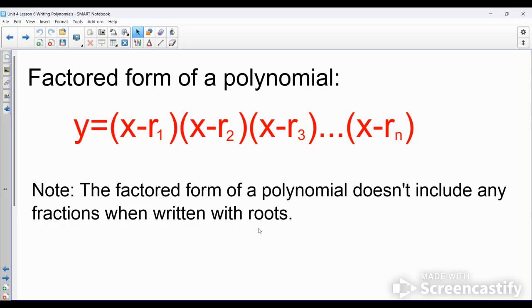Like you may end up with a quadratic that's not factorable, but generally speaking, this is how we would represent the factored form of a polynomial. Factored form of a polynomial does not include fractions when written with roots, so we do have to consider that, and we have specific instructions that will tell us that we do not want fractions with our answers.